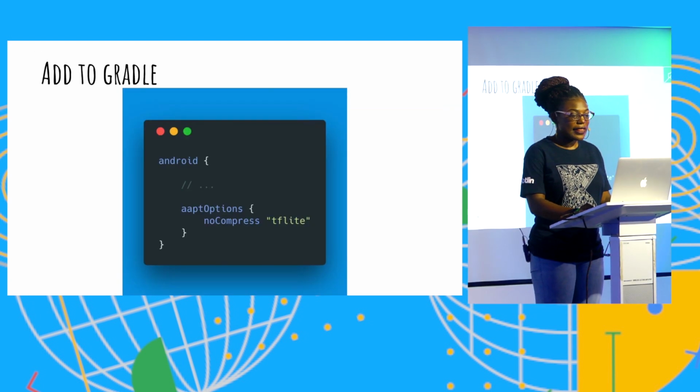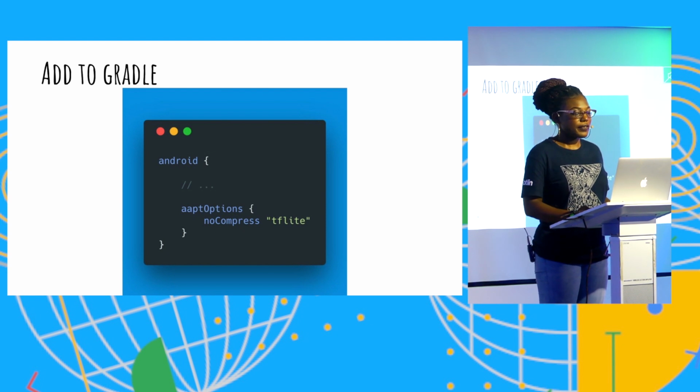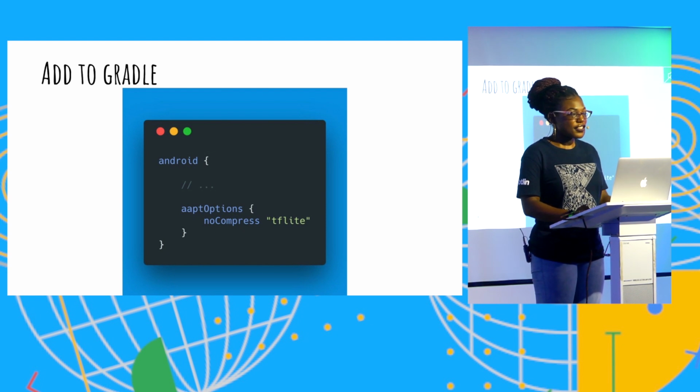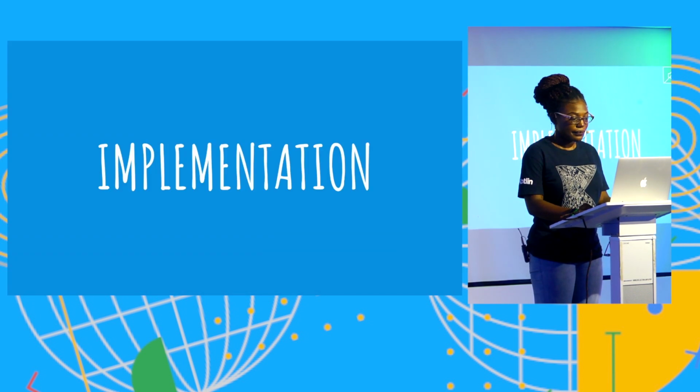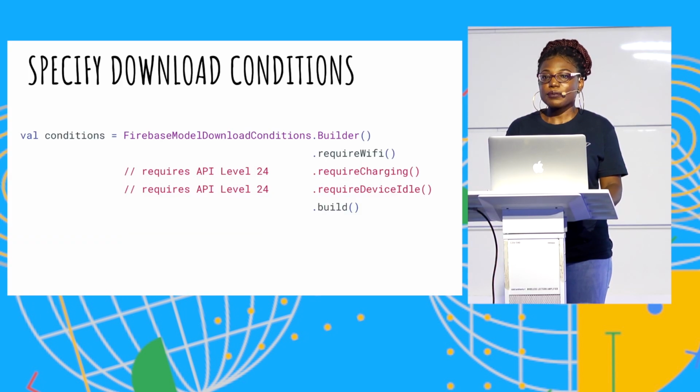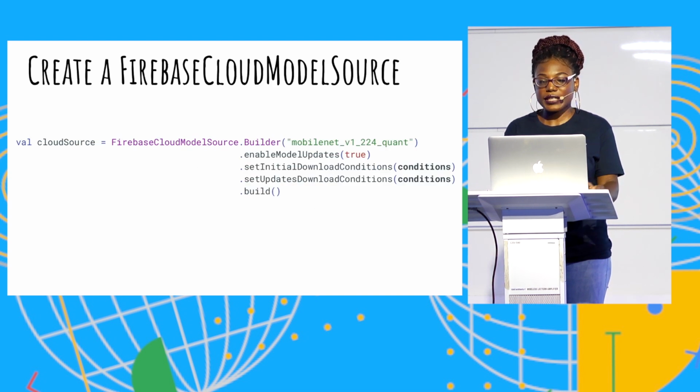And then we need to add this line to our build.gradle file, because the custom model will be memory mapped, and we need to specify that it shouldn't be compressed. So quick implementation. When the custom model is hosted on Firebase, we can set conditions for when it will be downloaded or uploaded.